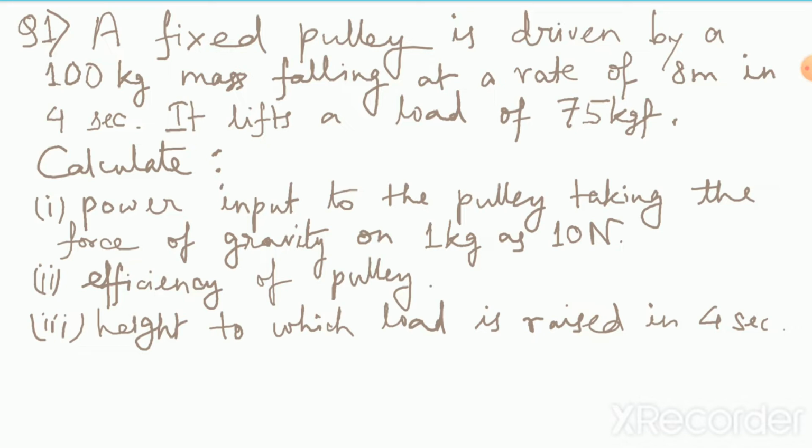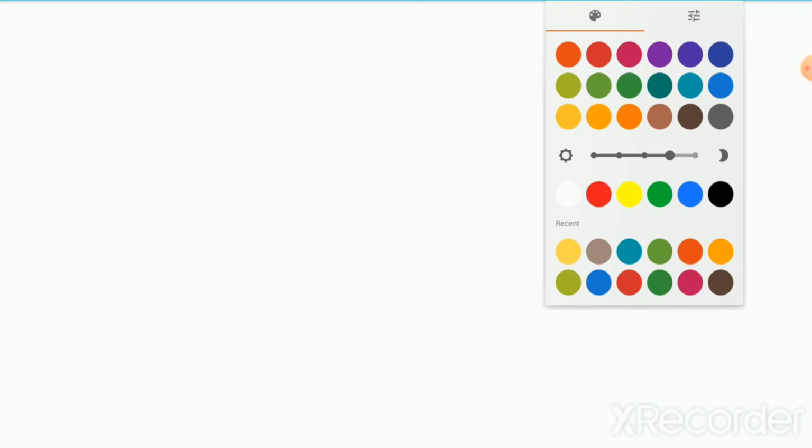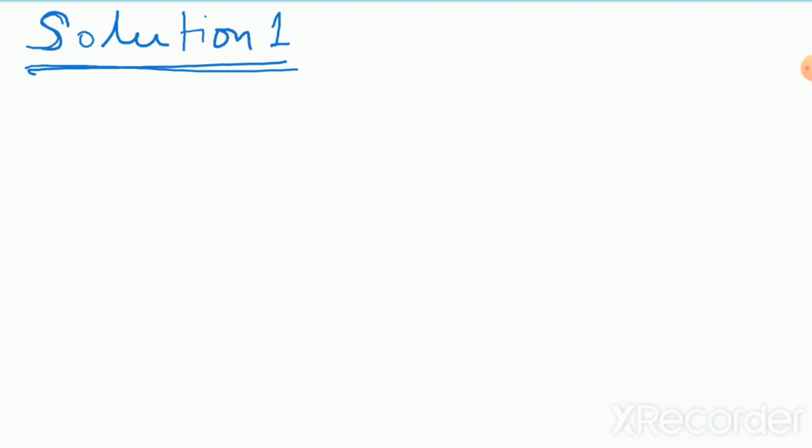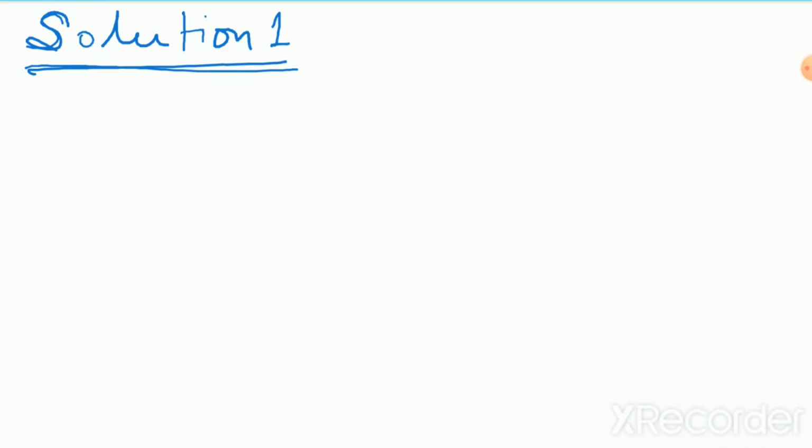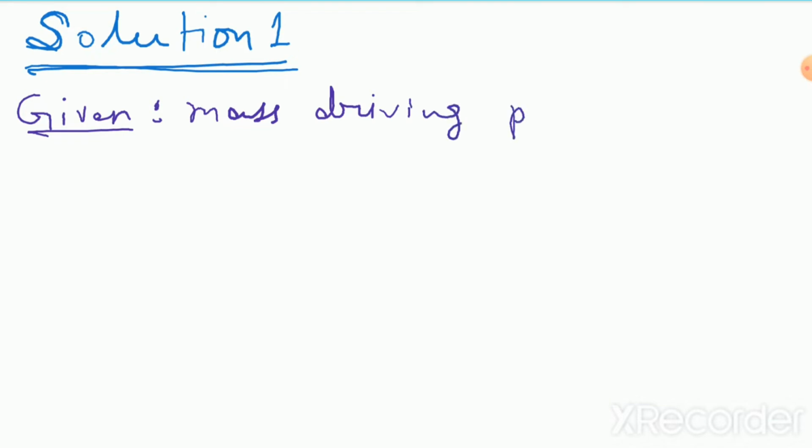So first of all, let us write the given information. So we are solving number 1, solution 1. Okay, so from this, on the given information, what we can write is: given, mass driving the pulley is 100 kg.